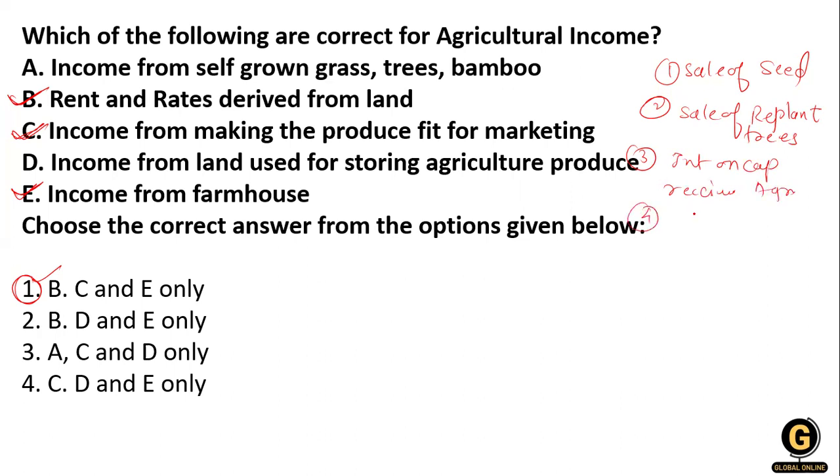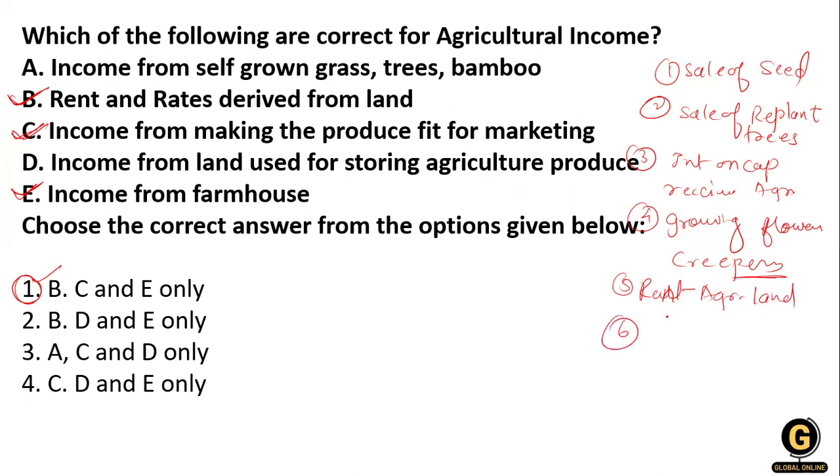And income from growing flowers and creepers is also an agriculture activity. After that, the fifth is the rent received from agriculture land, which is also agriculture income.